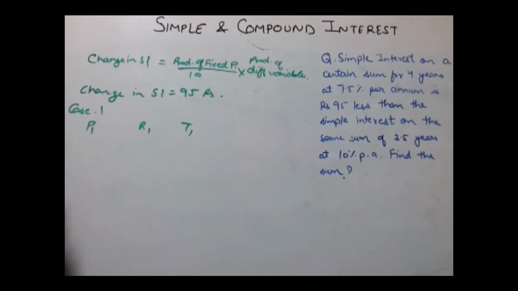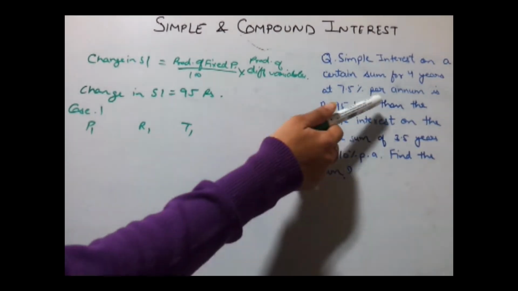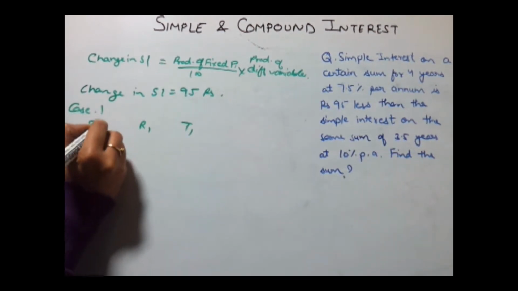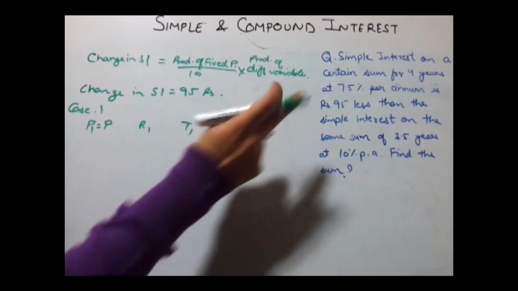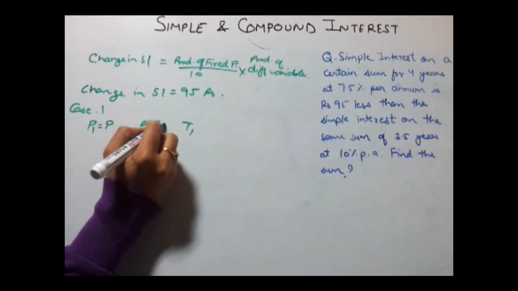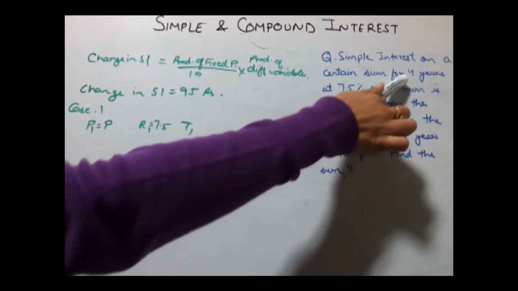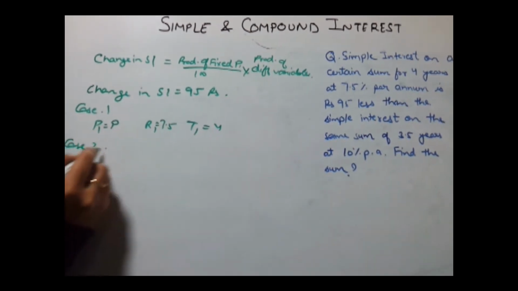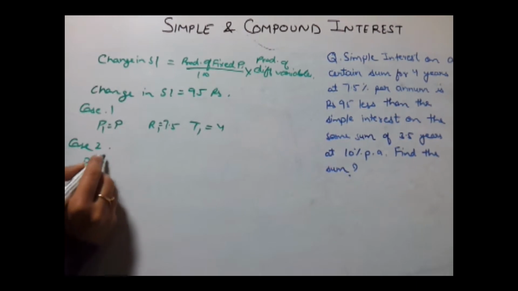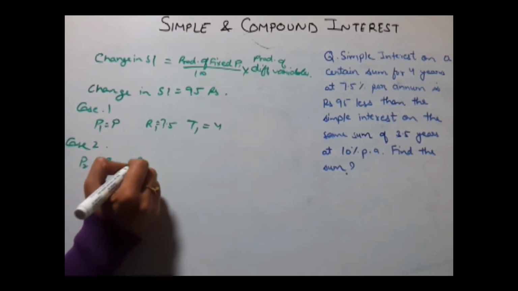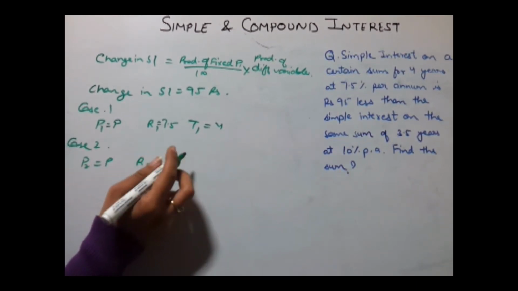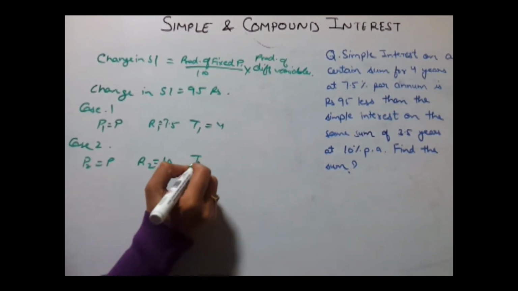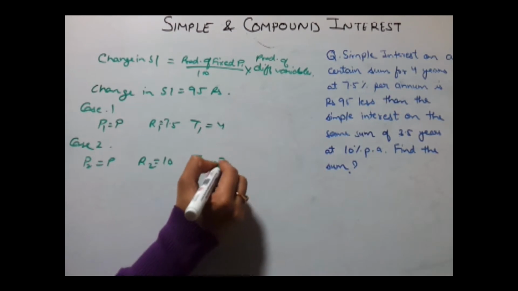time by T1. Now P1, we know over here that our sum is the same, so let's suppose that it's P. R1 in the first case is 7.5 and T1 in the first case is 4. Similarly, in case 2, P2 is the principal, which is P again. R2 is different, which is over here 10, and T2 given is 3.5 years.